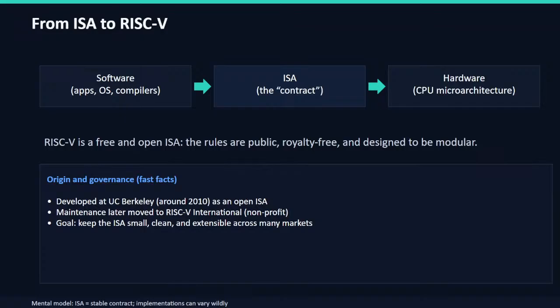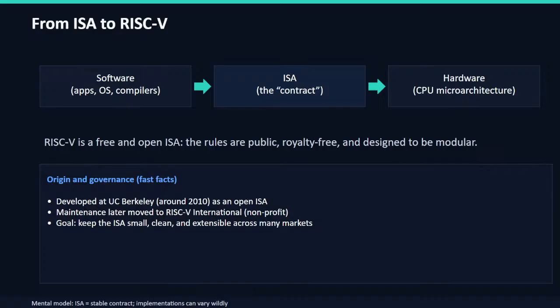Think of a computer as three layers. At the top is software, your apps, the operating system, the compiler. At the bottom is the hardware, the CPU, the microarchitecture, the cache, the pipeline, and all the physical implementation details.